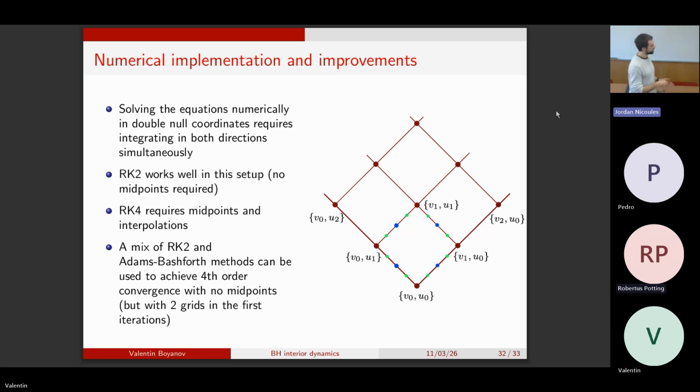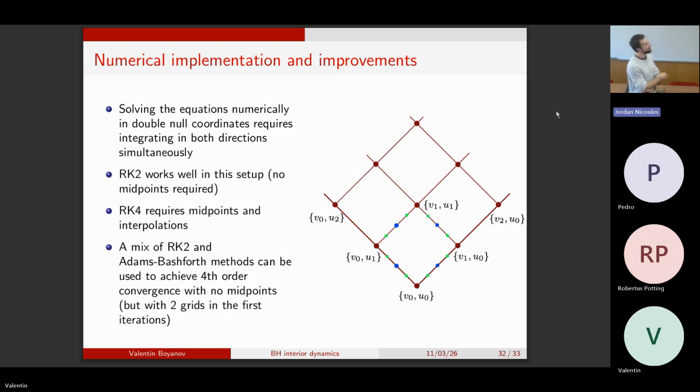We found two ways of getting fourth order convergent codes, which haven't been seen in the literature so far. One involves a method which basically uses the midpoints, the midpoints between adjacent grid points, and then calculates the functions to fourth order at the midpoints.